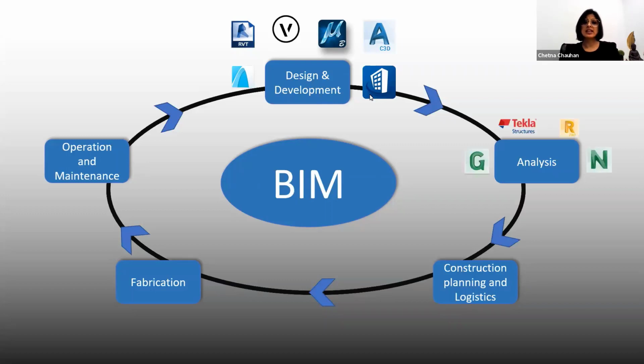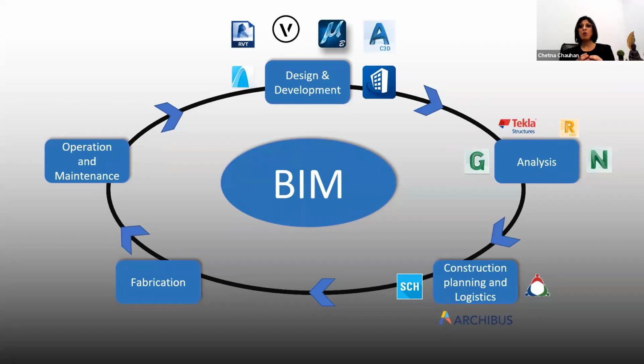At the analysis stage, we have Green Building, and we have Navisworks. Navisworks is for clash detection. Tekla Structures is for structural analysis. Then at construction planning and logistics, there is Synchro, there is Assemble Systems, there is Archibus.